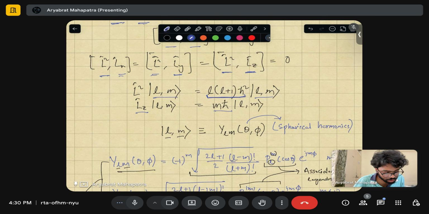I hope you know that for each given L, your ML values go from minus L to L. If your L is two, then ML would be minus two, minus one, zero, one, and two.